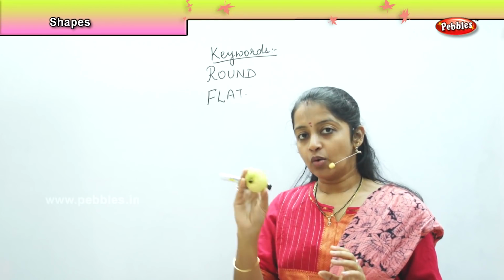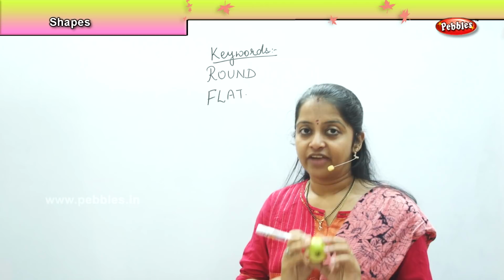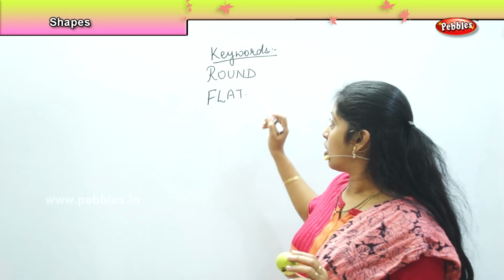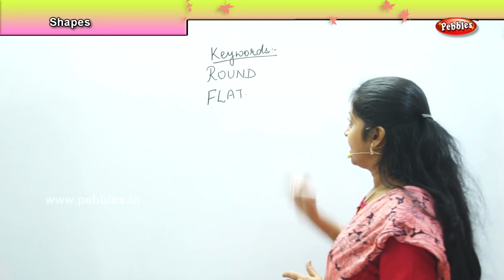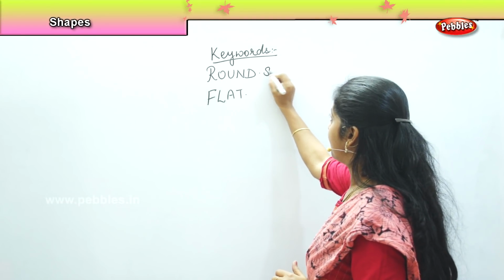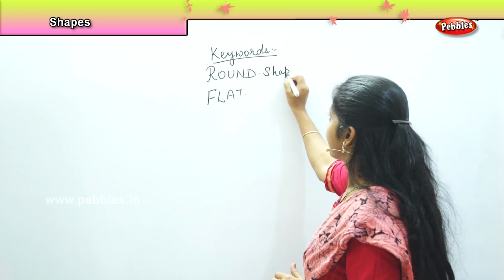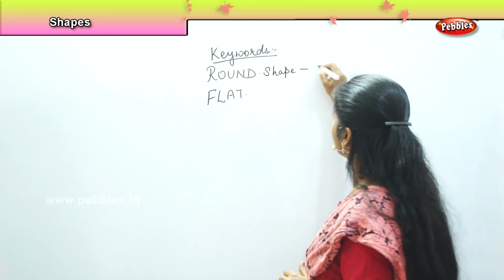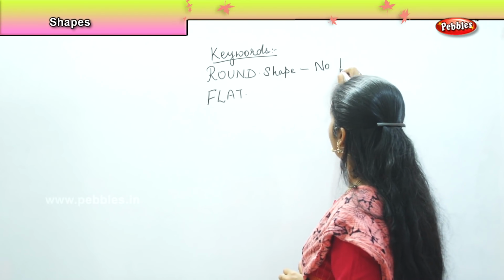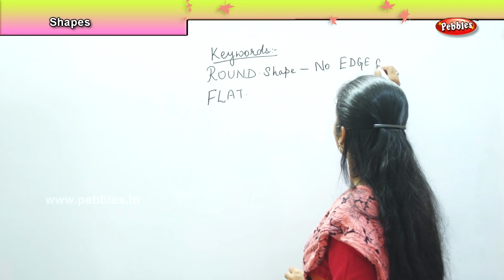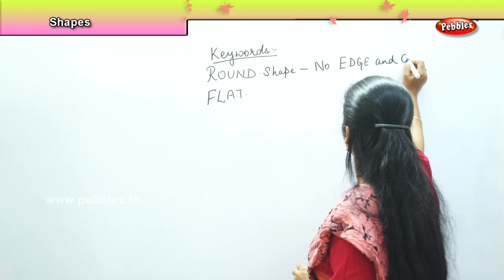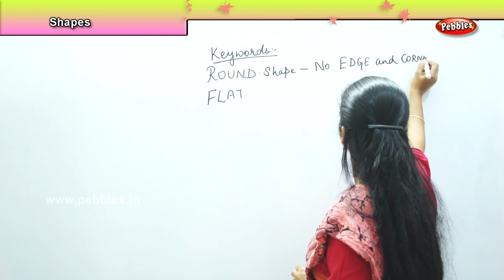So, the round shapes do not have any edge or a corner. So, what we learned now is the round shape has got no edge and corner.